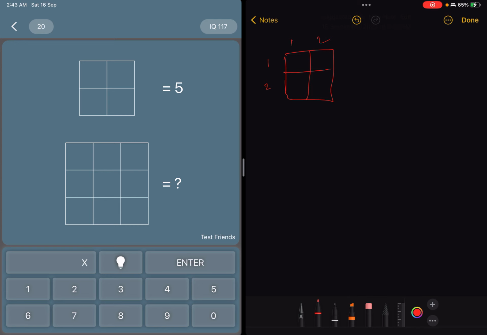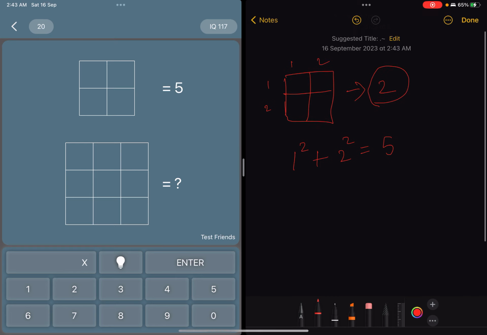So the number of squares would be the sum of the squares of all these numbers, which would be 5. The number of sides here is 2, right? We have to sum up the squares of all the numbers up to this number.